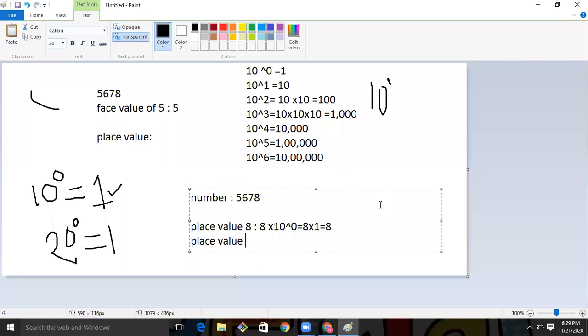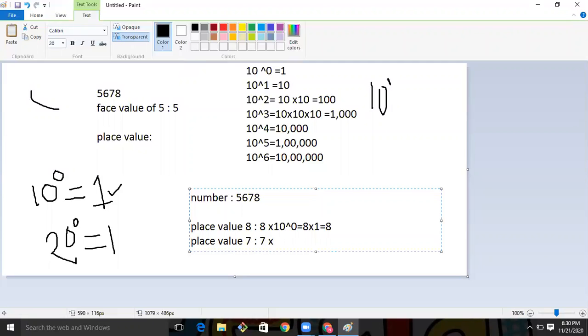Now I want the place value of 7. So it is very simple. First you have to take the digit. The digit is 7 into, what do we have to multiply with? The first digit is 10 power 0. The second one is 10 power 1.